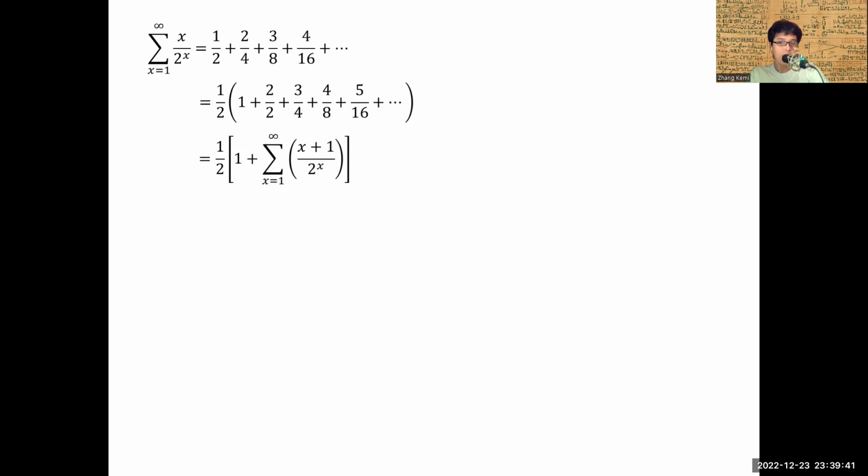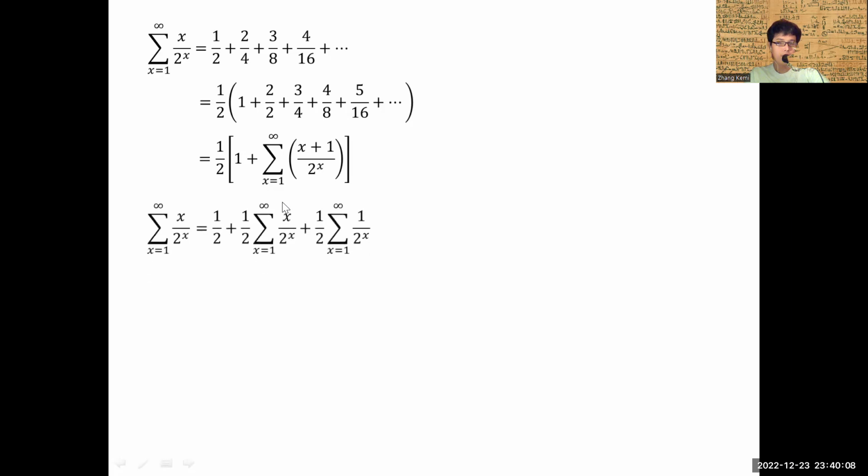For 1, I will just put it here. 1 is 1, half is half. And from this term onwards, from 2 over 2 onwards, I can express this as the sum from x is 1 to infinity of x plus 1 over 2 to the power of x. I hope you can see what I'm trying to establish here. These are the entire sum that I established.